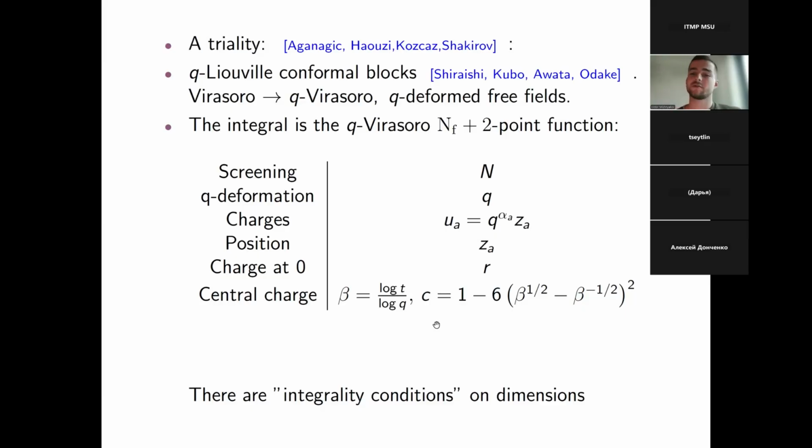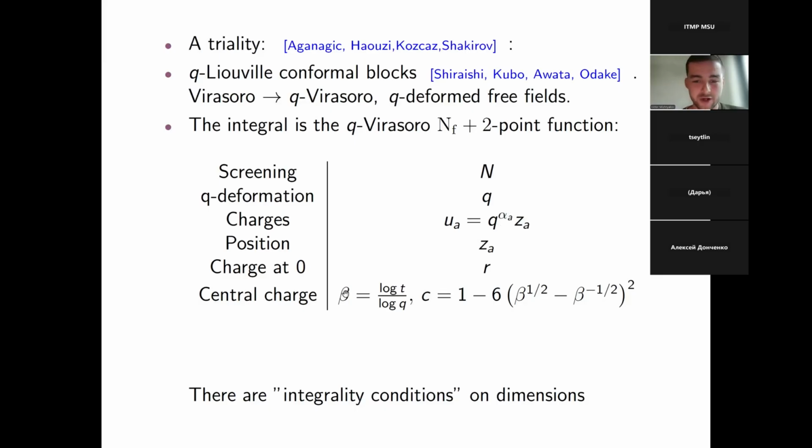And such an integral will give an NF plus 2 point function, and then n is the number of screening charges, q is the q deformation, and then the charges or the corresponding dimensions of the operators are parameterized together with the position. The positions of the operators are parameterized by z, while the charges are parameterized by u, and so it's u over z.